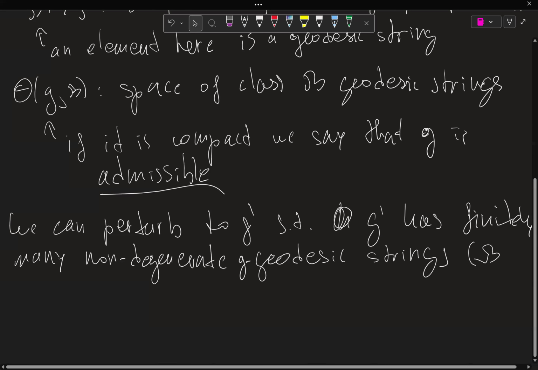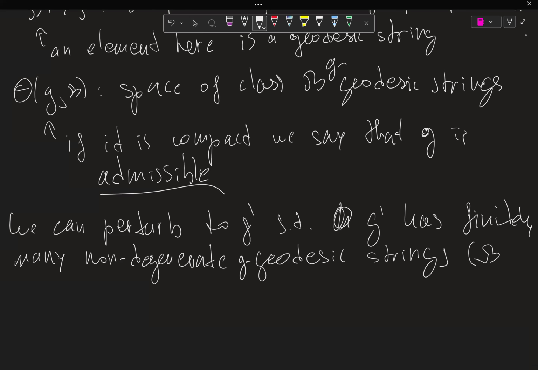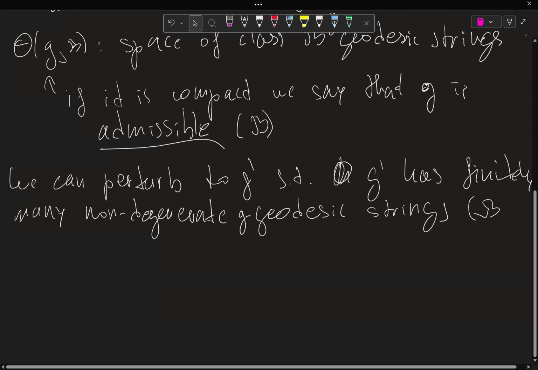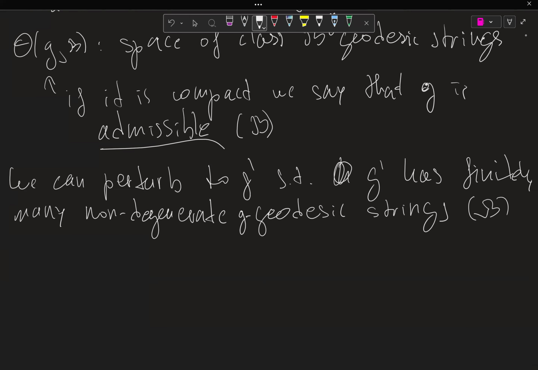This depends on G, and of course admissible also depends on β.